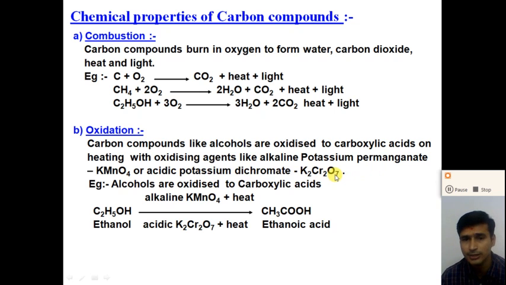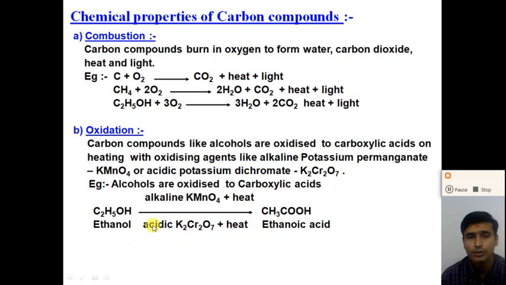In the presence of the oxidizing agent, the alcohol is oxidized into the carboxylic group. For example, if we take C2H5OH, that is ethanol, it is oxidized in the presence of KMnO4 and heat, or in the presence of acidic potassium dichromate K2Cr2O7, and it converts into ethanoic acid, right?